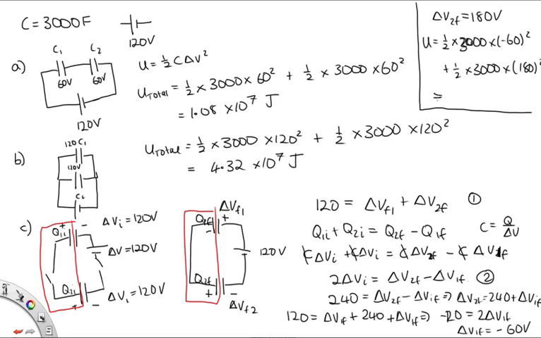Solving that on the calculator, we end up with 5.4 times 10 to the 7 joules stored across the two capacitors. And that's the end of capacitors.